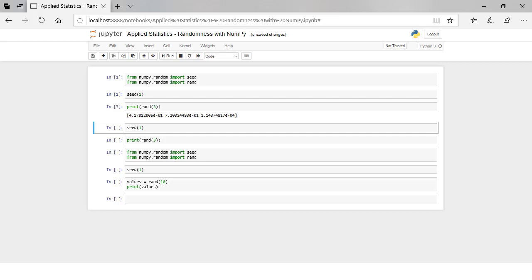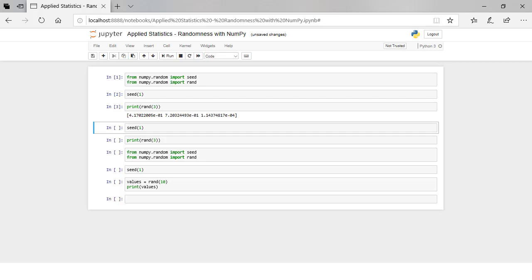The NumPy pseudo-random number generator is different from the Python standard library pseudo-random number generator. It's easy for me to say. Importantly, seeding the Python pseudo-random number generator does not impact the NumPy pseudo-random number generator. It must be seeded and used separately. The seed function can be used to seed the NumPy pseudo-random number generator, taking an integer as the seed value.